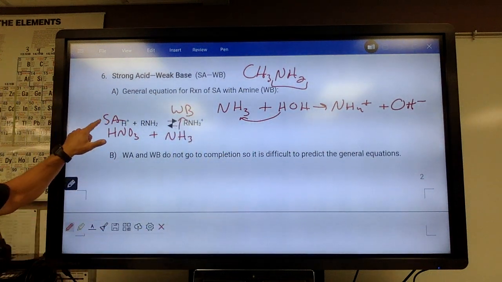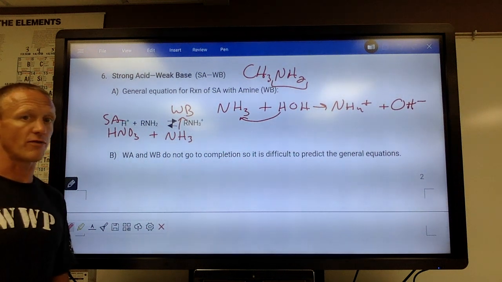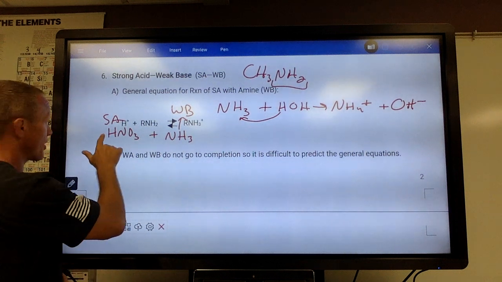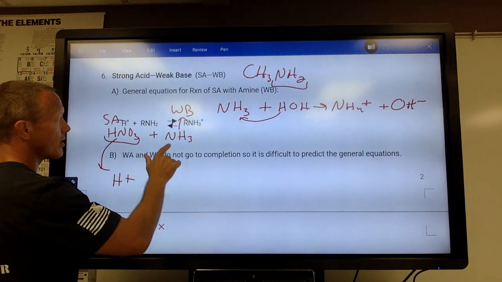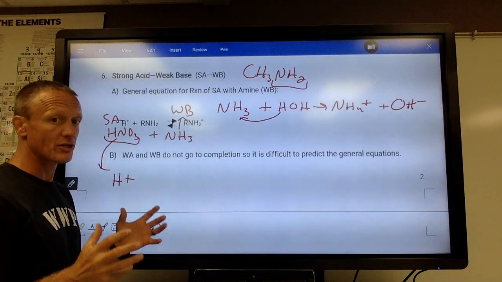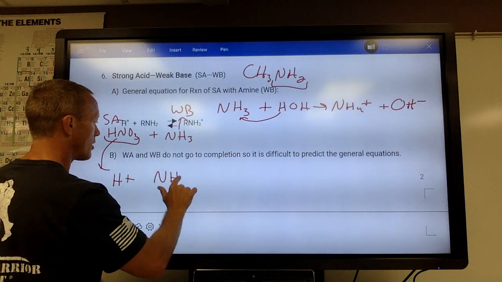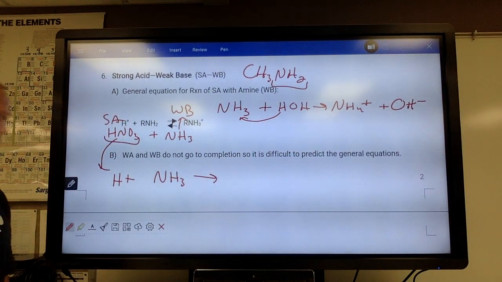Just like before, for strong acids the reacting species is H+, so we can ignore the NO3 negative. It's a spectator, it's going to be there before and after. So for a strong acid, your reacting species is H+ ions. Anything that's weak, whether it's an acid or a base, the whole molecule stays together. Weak base, whole molecule stays together. This is the one time you don't make water.